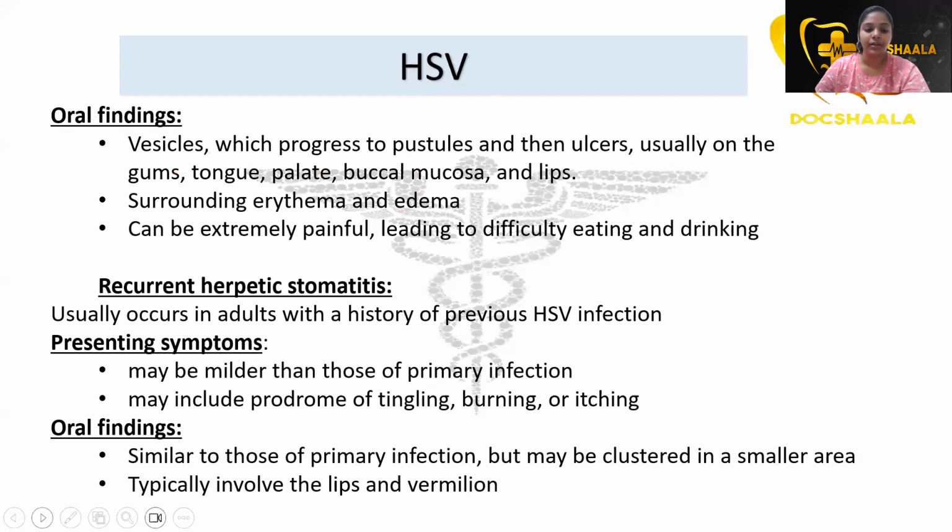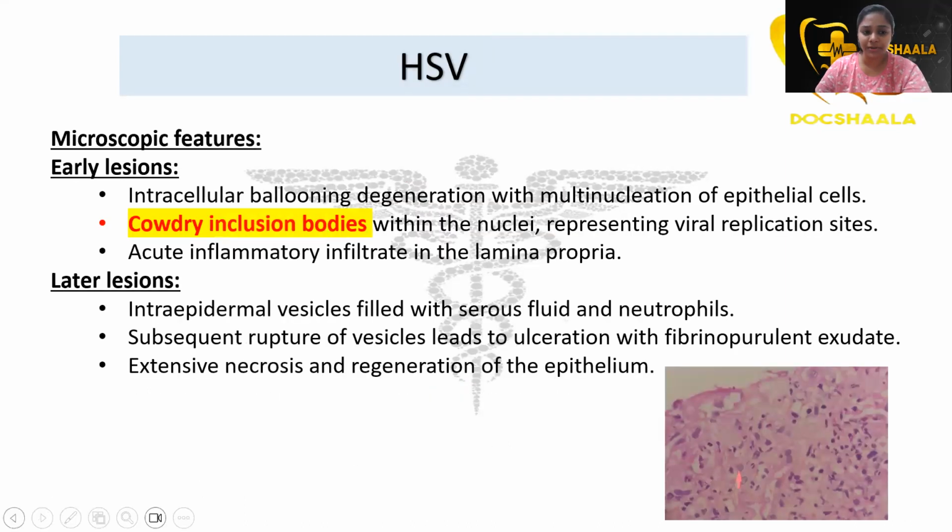Then coming to the microscopic features. The microscopic features include, especially in the early lesions, intracellular ballooning degeneration, with multinucleation of epithelial cells and Cowdry inclusion bodies.